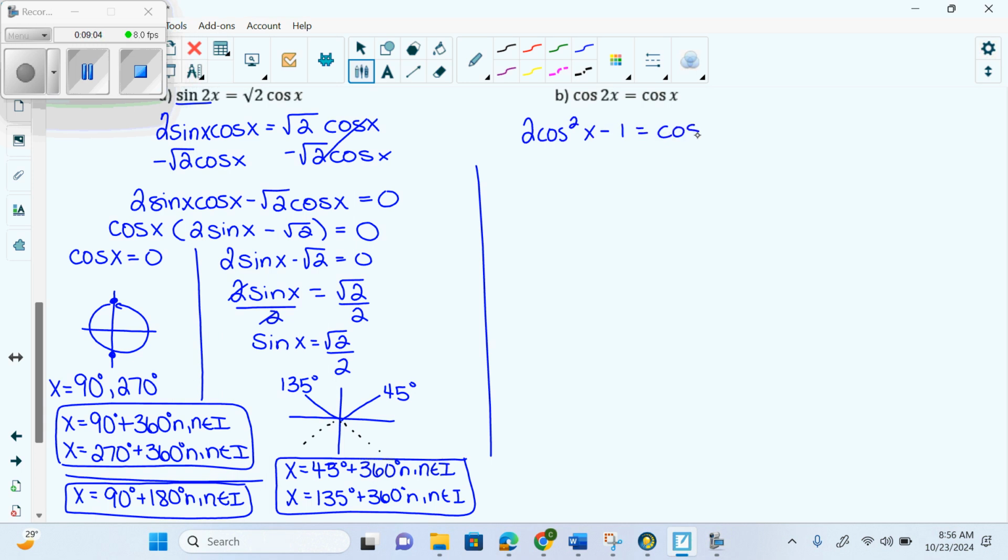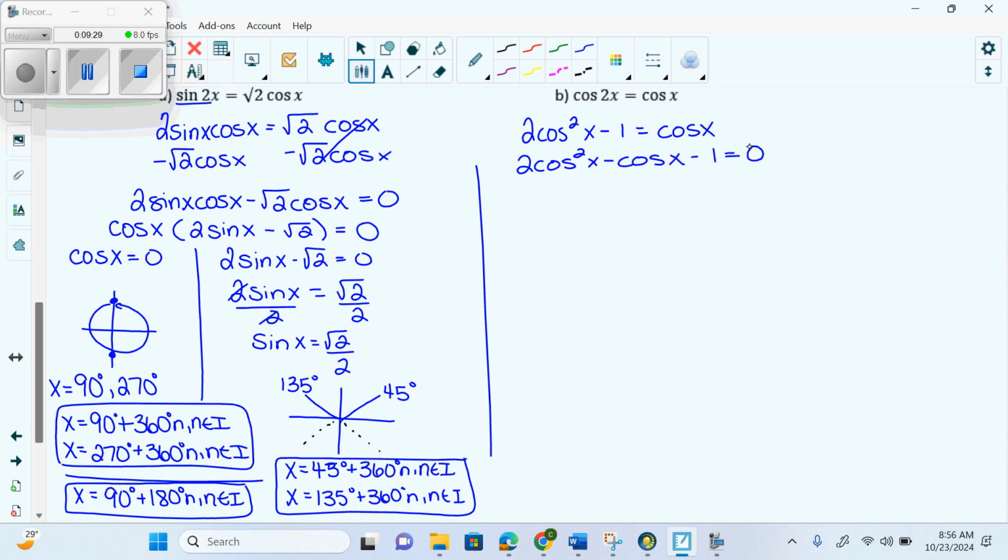What do I have to do next always when I have a squared? Move everything to one side, set equal to 0. We learned that in grade 11, right? So 2 cos squared x minus cos x minus 1 equals 0.